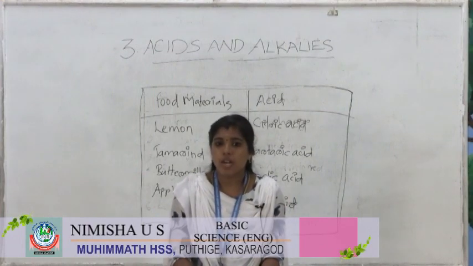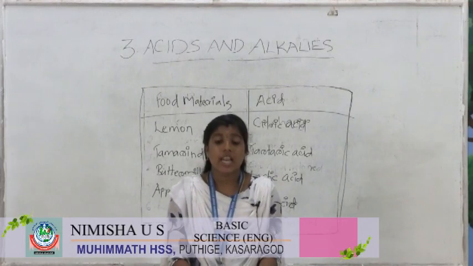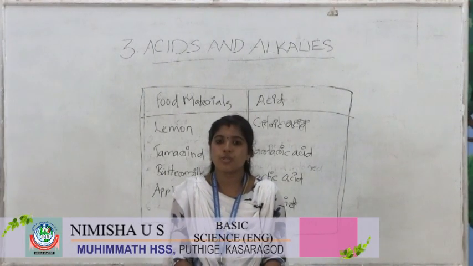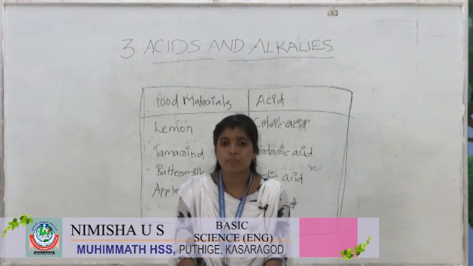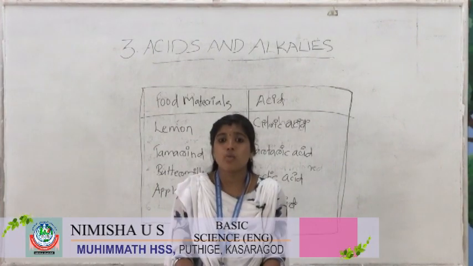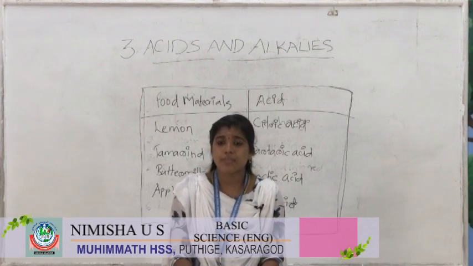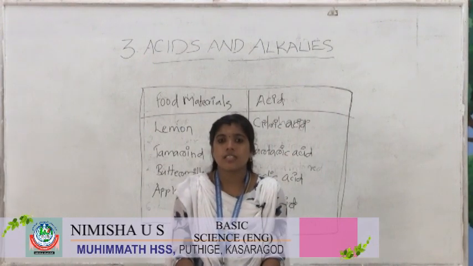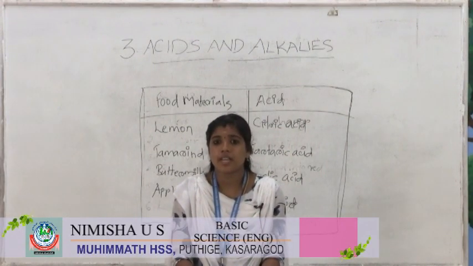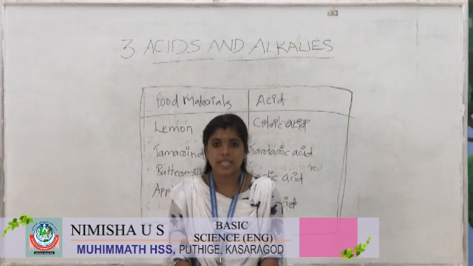The blue colored one is used to identify the presence of acid, while the red colored one is used to identify alkalis. If we dip the litmus paper in an acid, the blue litmus paper will become red, and if we dip the litmus paper in an alkali, the red litmus paper will become blue. So we can find out whether the solution is acid or alkali.